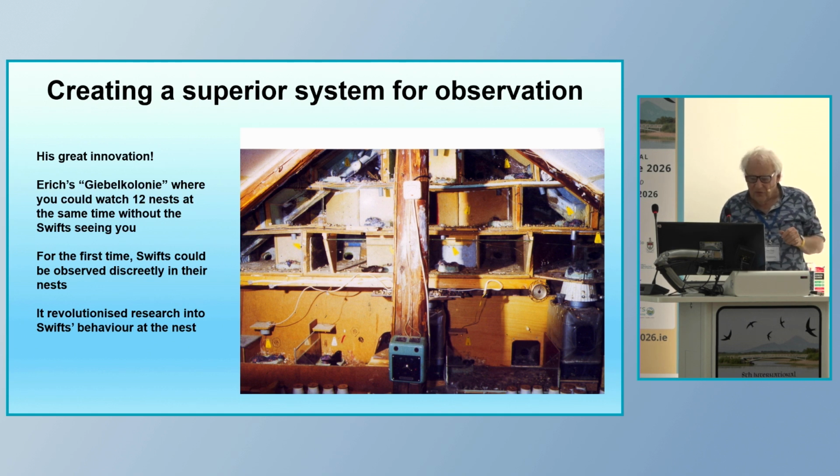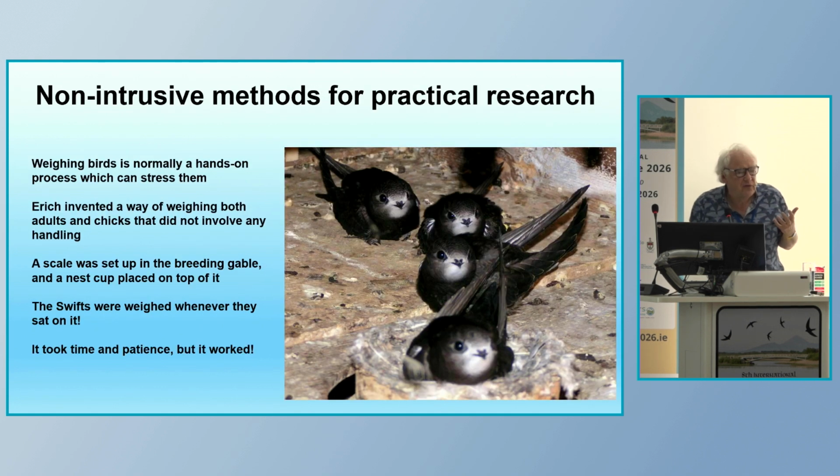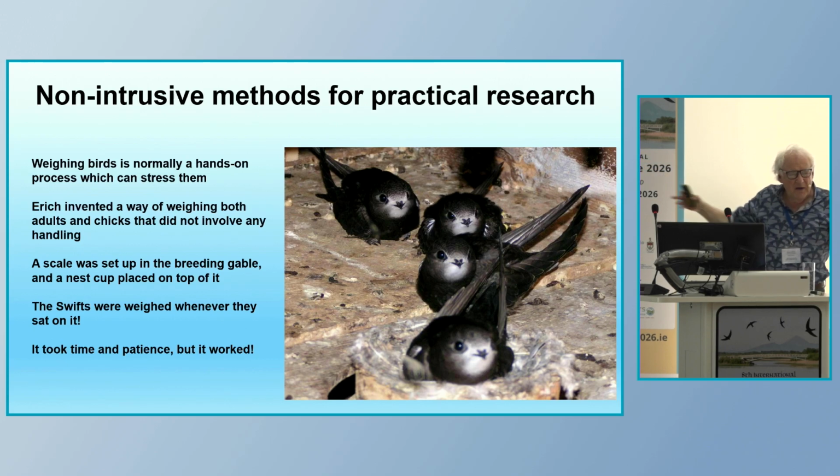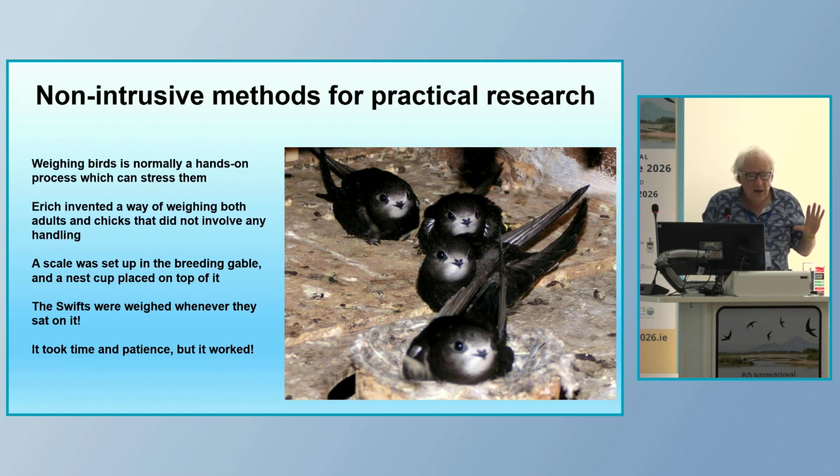Totally revolutionized research. And non-intrusive methods for practical research, weighing swifts. Erich invented a system whereby there's a scale under that nest cup, an ordinary domestic scale, a sensitive one. And so the swifts, when they crawled on and off the nest cup one by one, if you were lucky, you could weigh them.